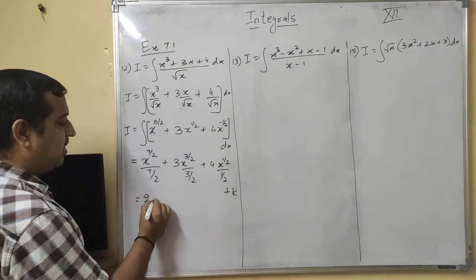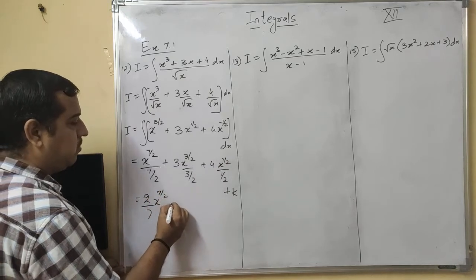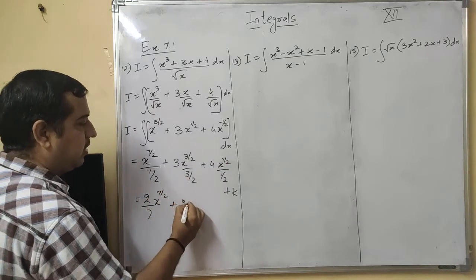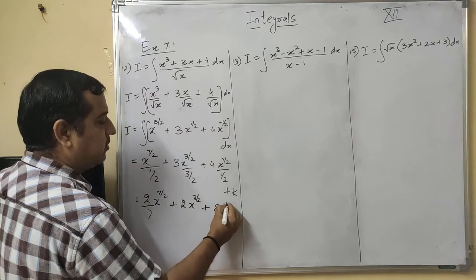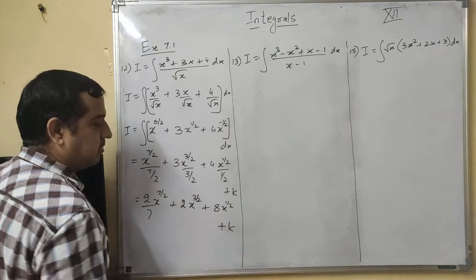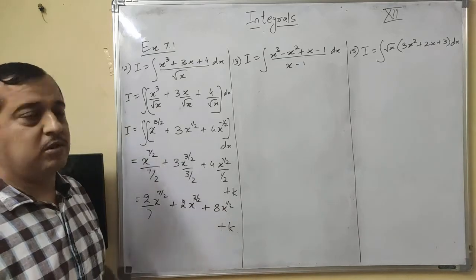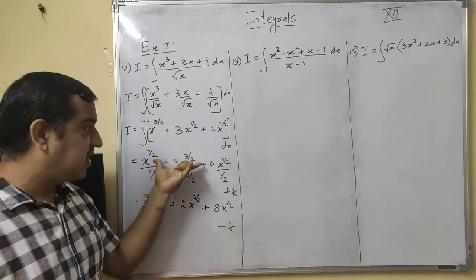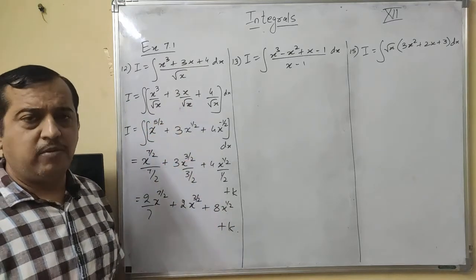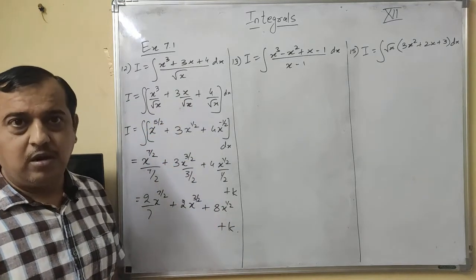This gives you 2 by 7 x raised to 7 by 2 plus, 3 and 3 get cancelled, you get 2 x raised to 3 by 2 plus this gives you 8 x raised to half plus constant. Okay, in this way you can solve this. What you have to do initially: separate them, simplify them, and then apply the formula of the integral. That's all, nothing else.